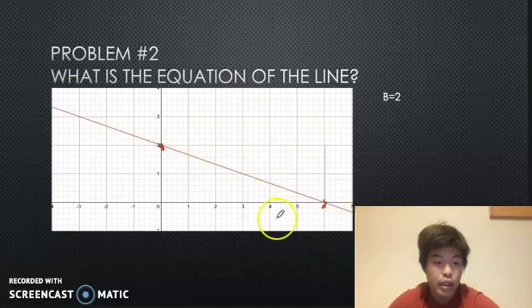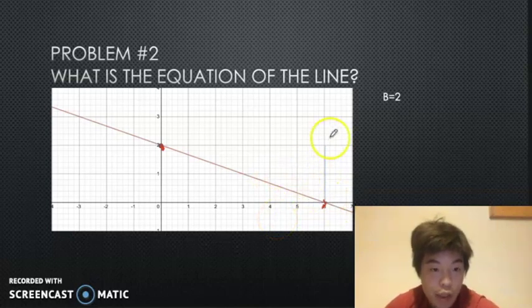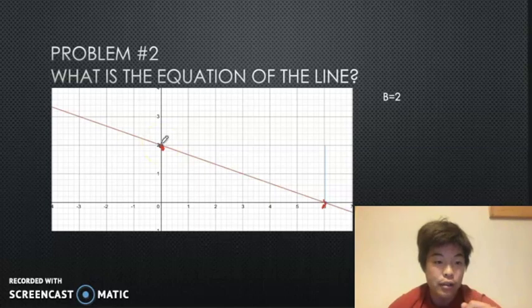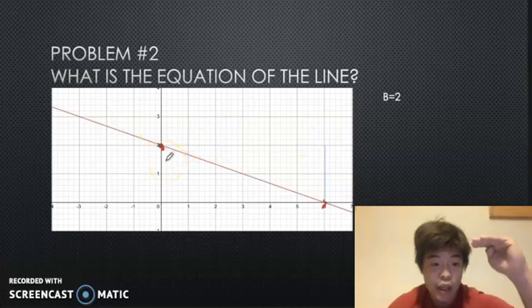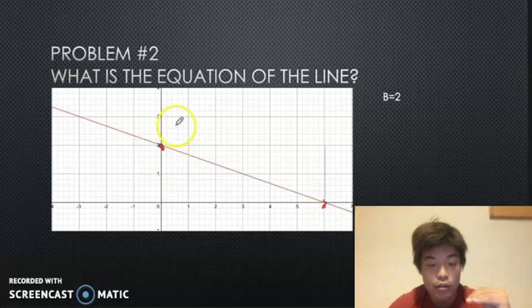Here I want you to make sure we're going from left to right. So where does this start? We are starting here at 2, and we end up at 0. So what is the change in rise? Well, we didn't actually rise, we fell. We went from 2 to 0. So the difference is -2.